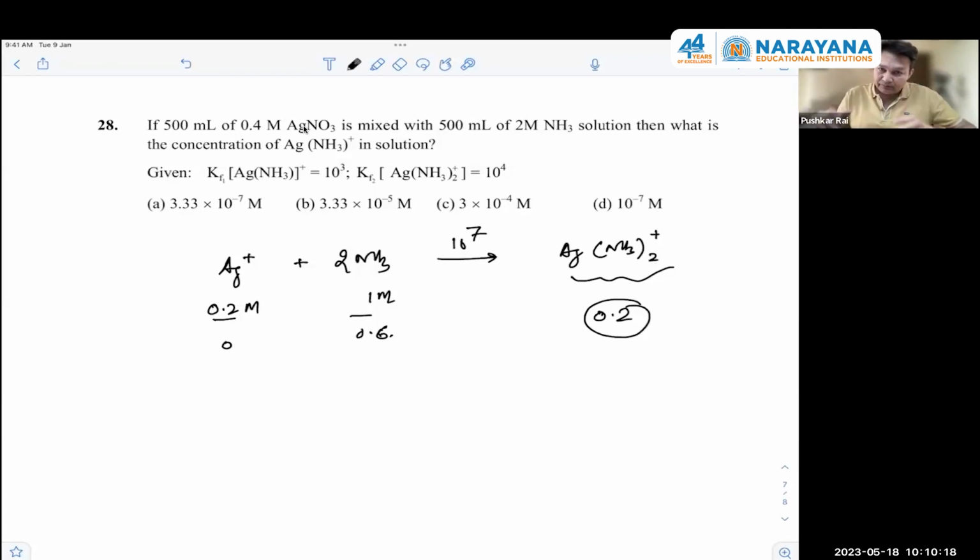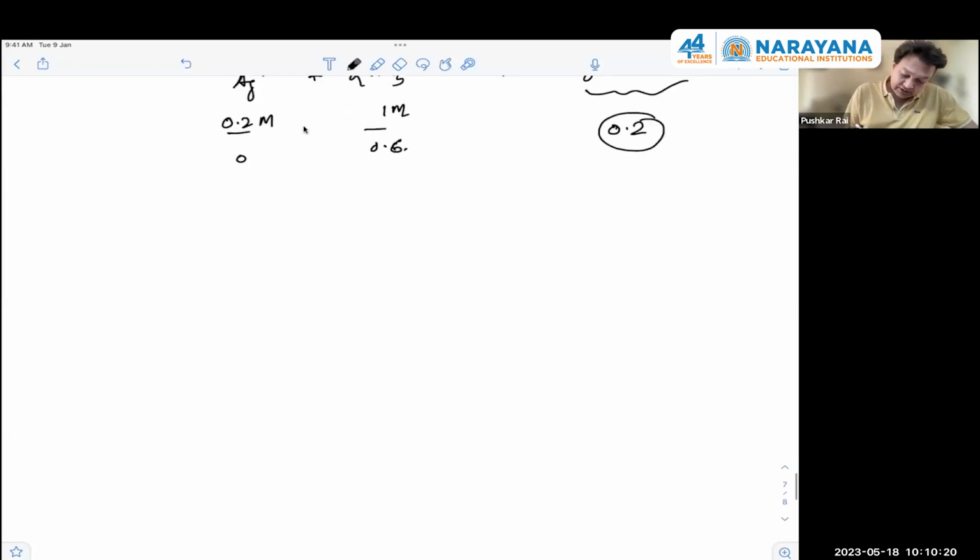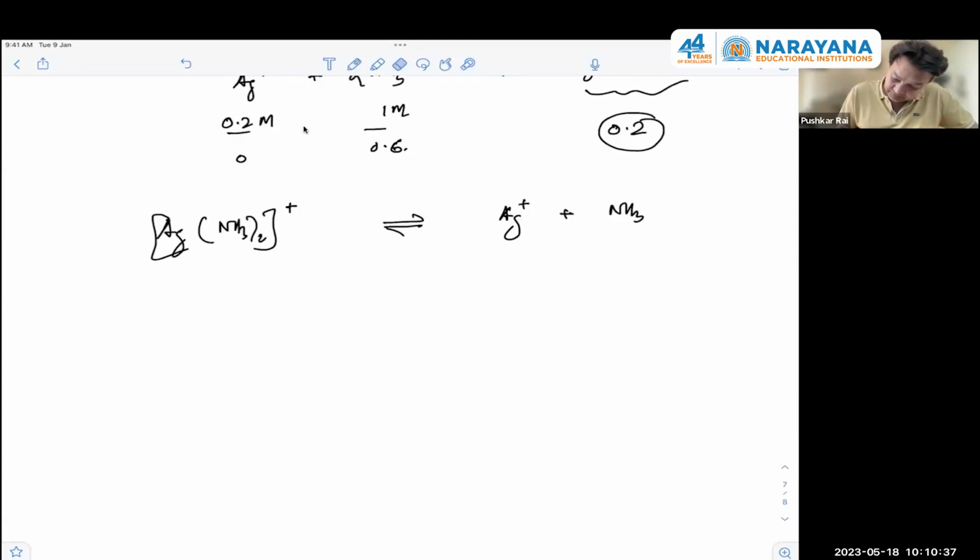Now you see the problem from this perspective: you have Ag(NH3)2 plus and it wants to dissociate in the solution into Ag plus and NH3. In fact, it wants to dissociate like this: Ag(NH3) plus NH3.